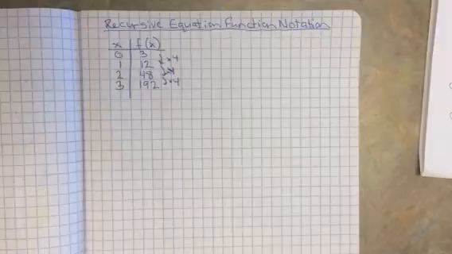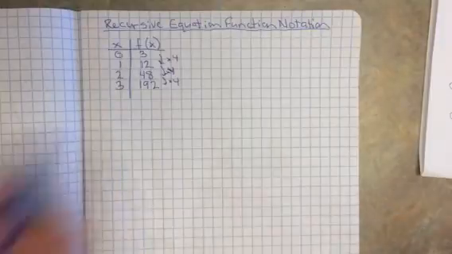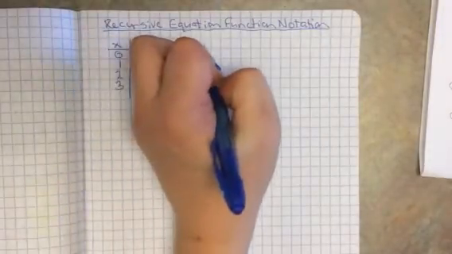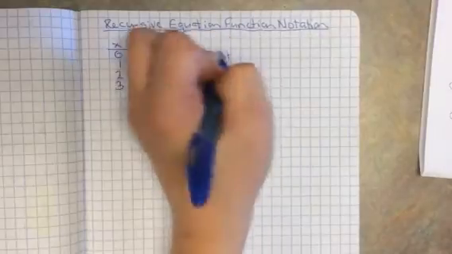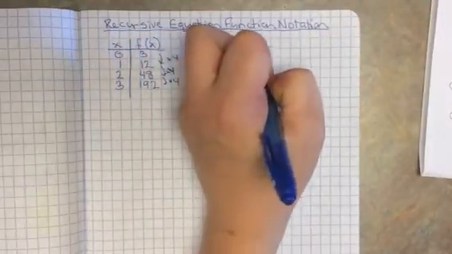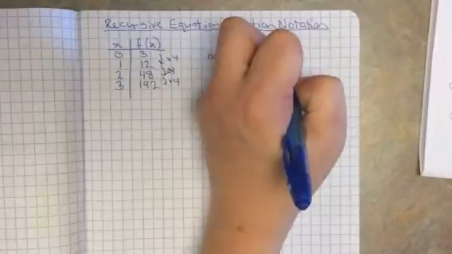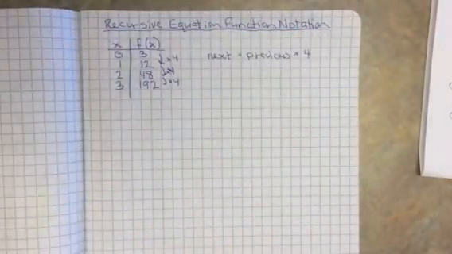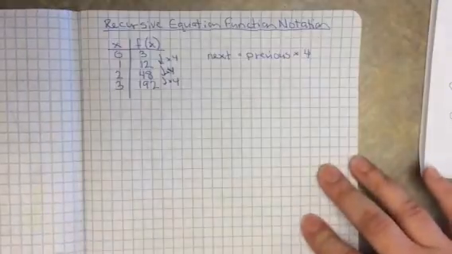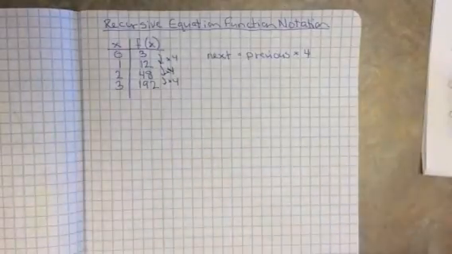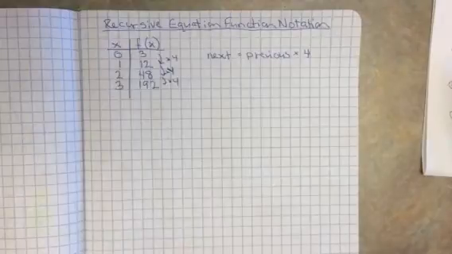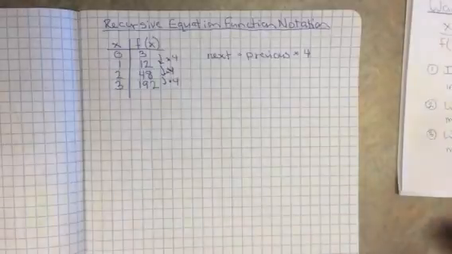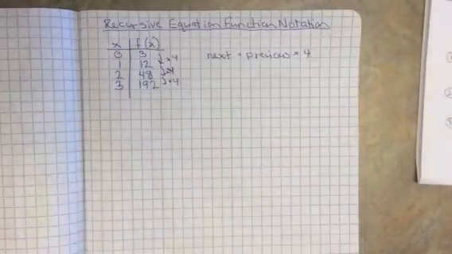So recursively, the informal equation, we know that to get the next, I have to do the previous times 4, right? If I want to take this informal statement and put it in function notation, I've been mentioning to you guys that you have to have 2 parts to your function notation. So the first part is I need to say where I'm starting.